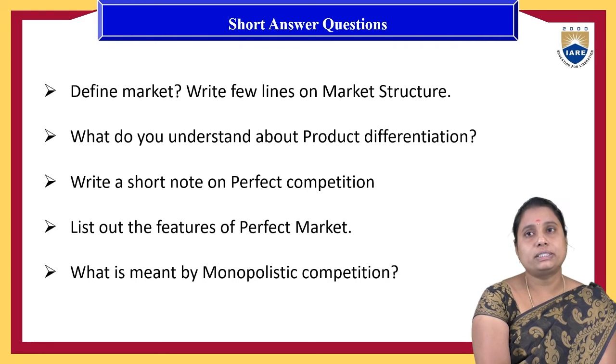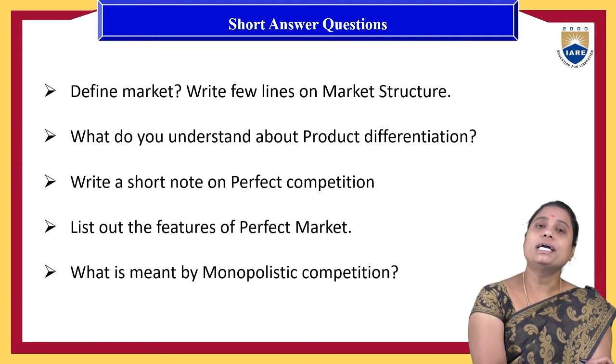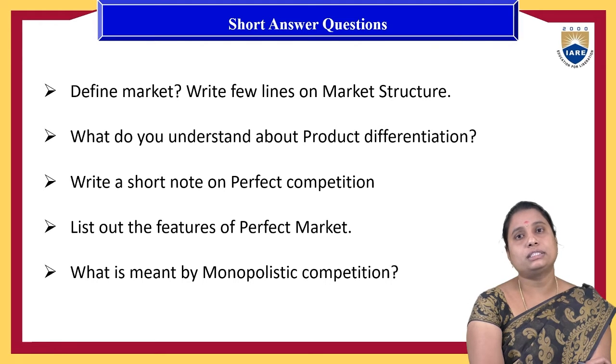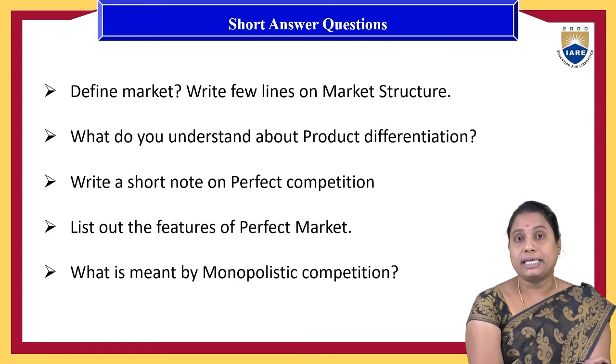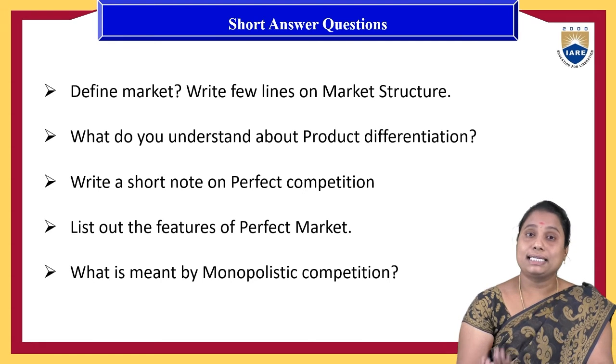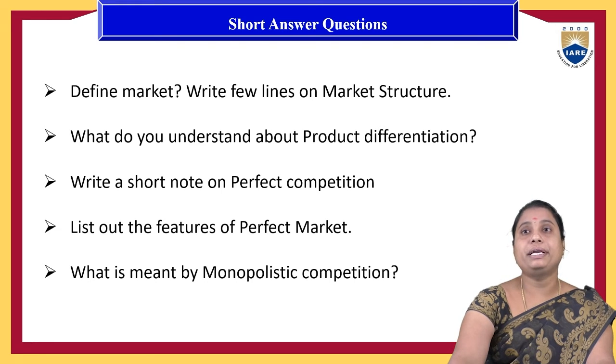And what do you understand about product differentiation? If the same kind of products are available in all the markets, then it is called product similarity. But product differentiation means based on its utility, size, color, shape, etc., which also have an impact on the target group, various elements will be treated as a separate product.